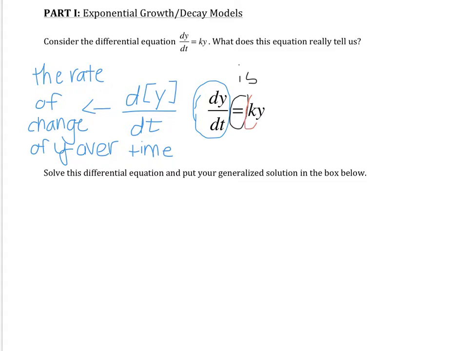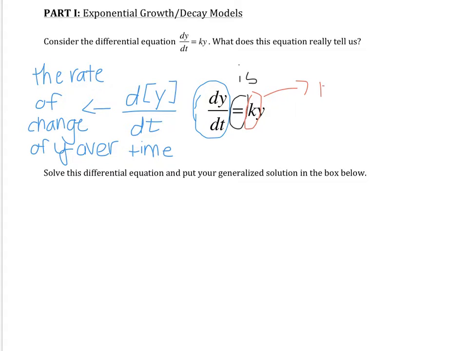So really, the way that we would interpret that mathematically is to say that the rate of change of y over time is proportional to y. If something is a scalar multiple of another, those two quantities are proportional.